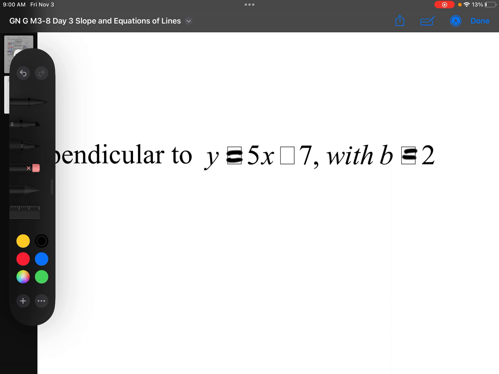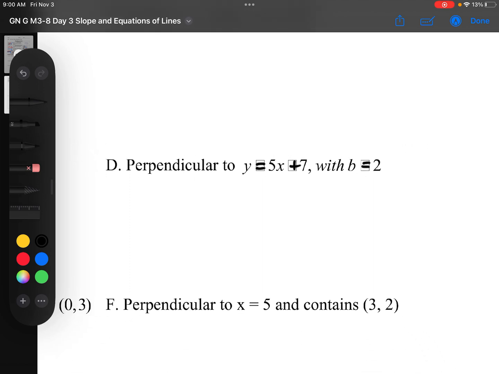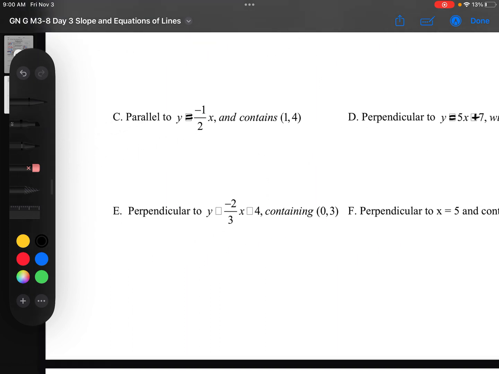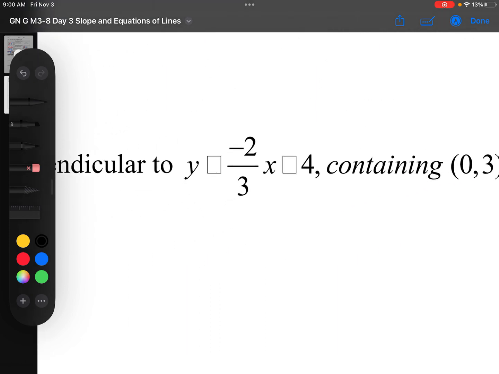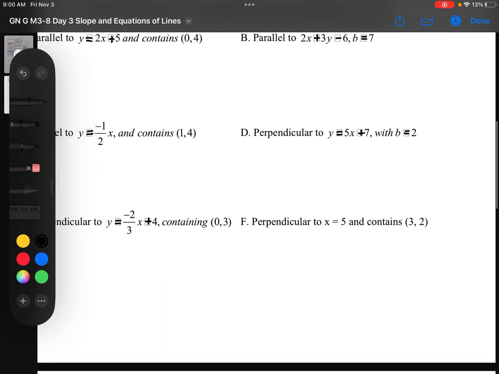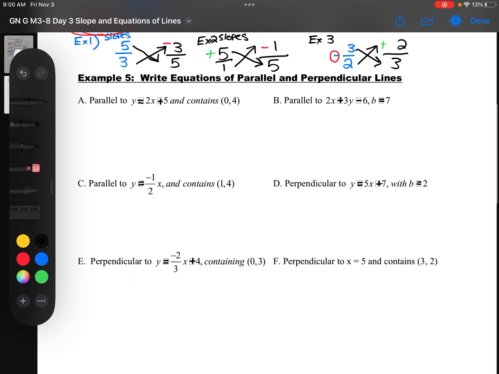Please fill these in as follows. Okay, so that's how they should look. So make sure those are filled in as followed, okay?